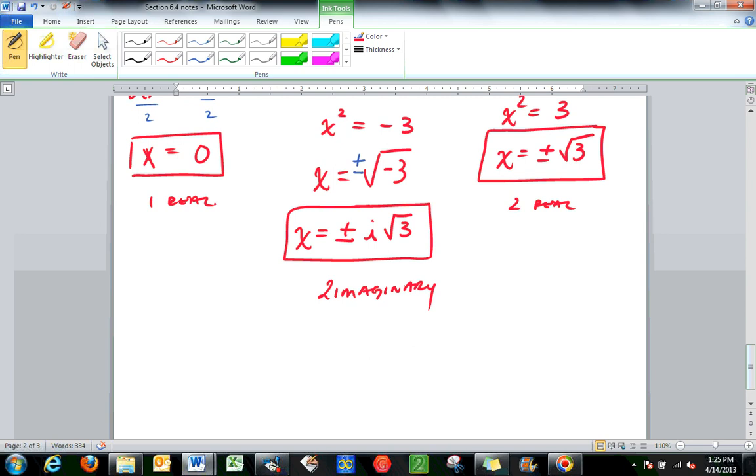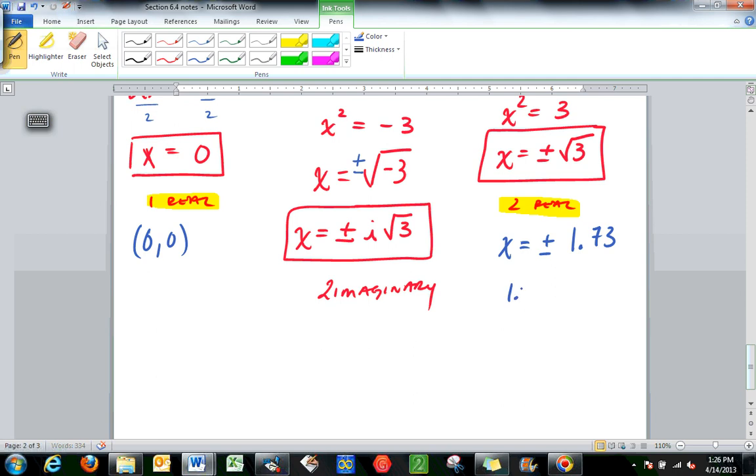Now let's take a look at our real solutions here for a second, and let's see how our graph worked out. If we were to take the square root of 3, what you're really looking at here is a plus or minus 1.73. Now if you look at this in terms of the equation, whenever it equaled 0, we knew that gave us a point of 0, 0.